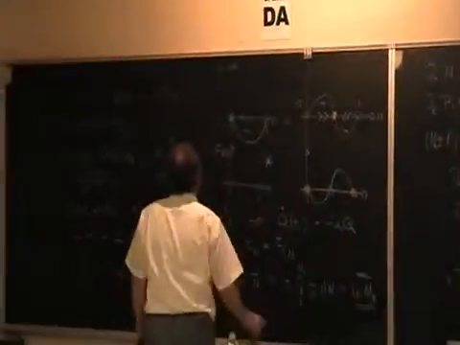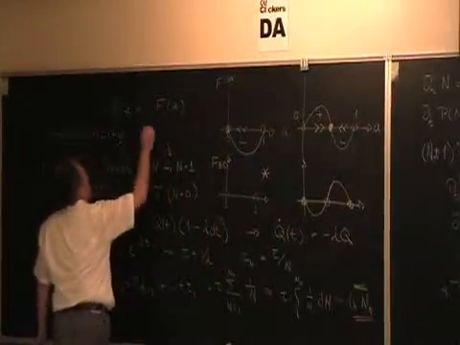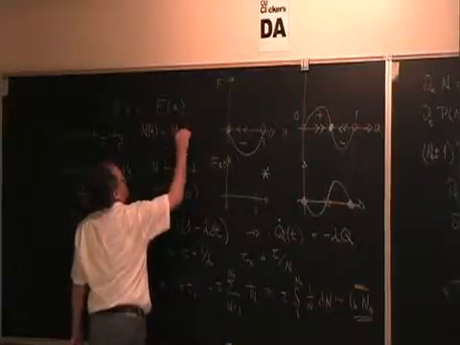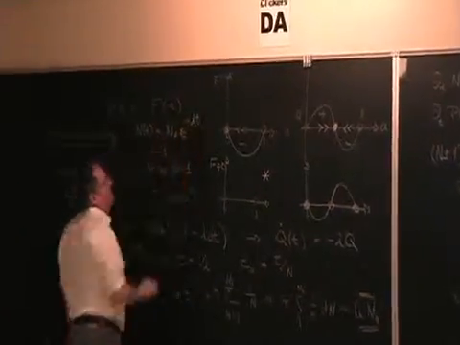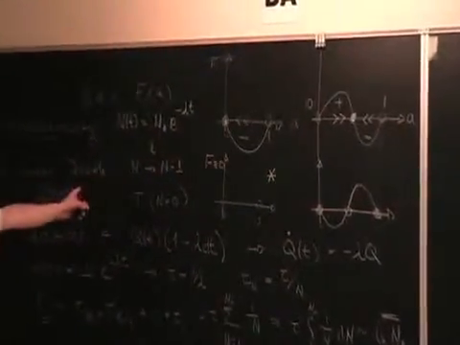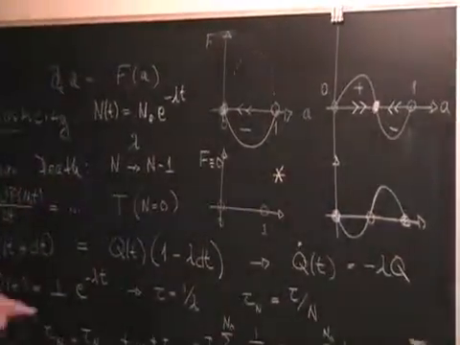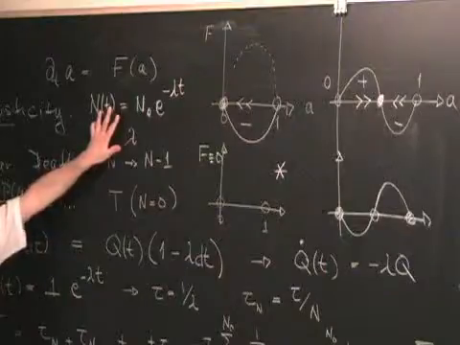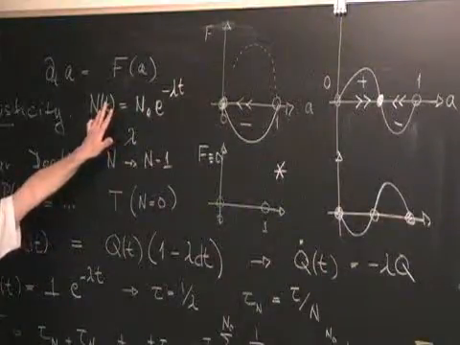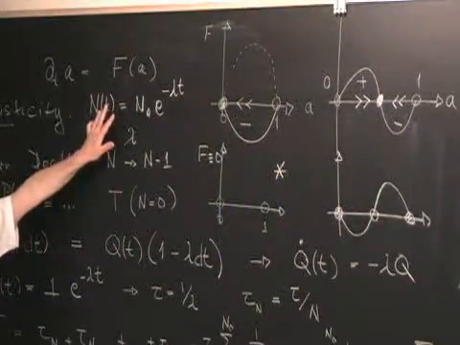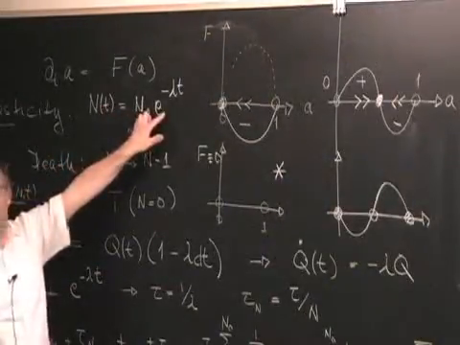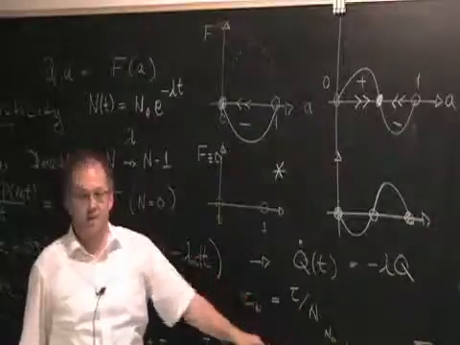I could simply write n of t is equal to n naught e to the minus lambda t, which is deterministic dynamics. And I could estimate the extinction time by asking, when is n of t equal to 1? Because then the probability is very high of getting into the extinct state. And if you do that, you see that immediately you get the same result.